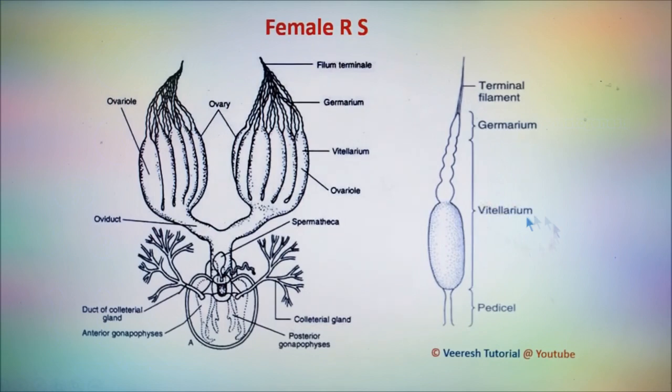Whereas in the vitellarium, the development and maturation of the oocyte takes place. Please remember, the maturation and development of the oocytes takes place in the vitellarium. And the last one is the pedicel. It is just like a stalk of the ovariole, which provides passage for the egg.